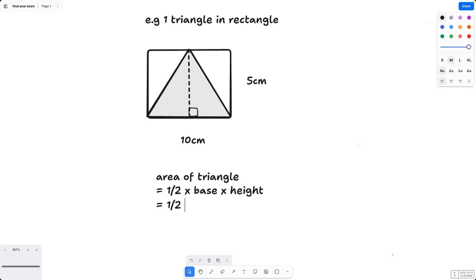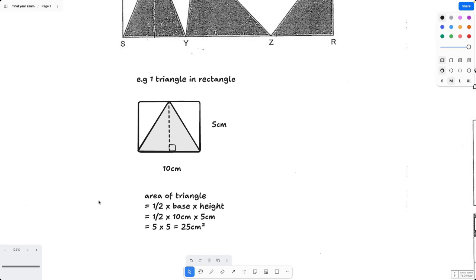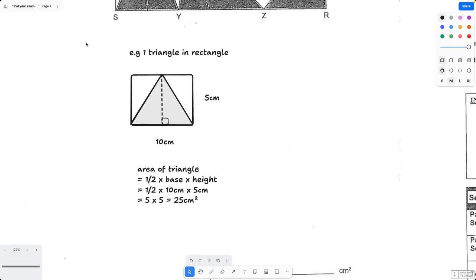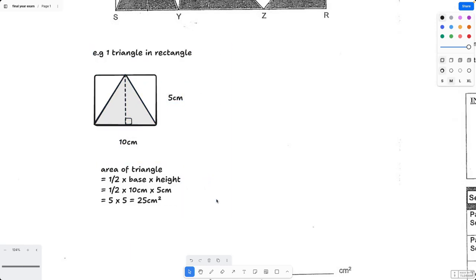The base is 10 centimeters and the height is 5 centimeters, so this gives us half times 10 times 5, which is 25 centimeters square. So this is one triangle in a rectangle. This is pretty straightforward.